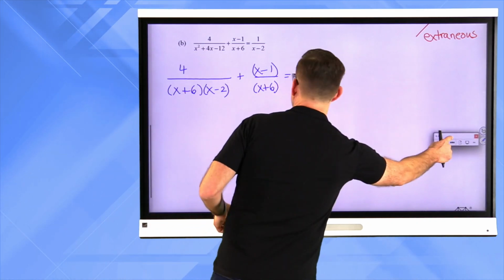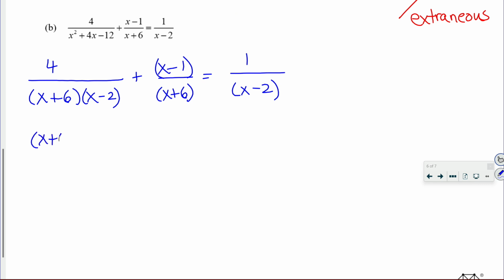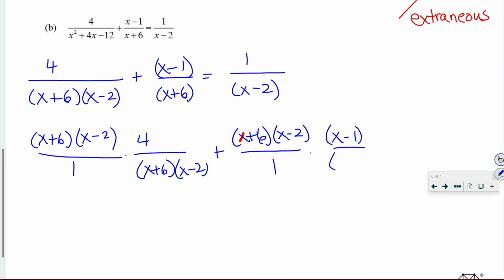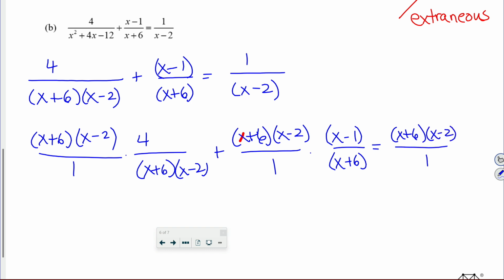So let's do it. All right, I'm going to have x plus 6 times x minus 2 all over 1 times 4 over x plus 6 times x minus 2 plus x plus 6 times x minus 2 all over 1 times x minus 1 divided by x plus 6 equals, I'm just going to keep moving that thing around, x plus 6 times x minus 2 all over 1 times 1 over x minus 2.